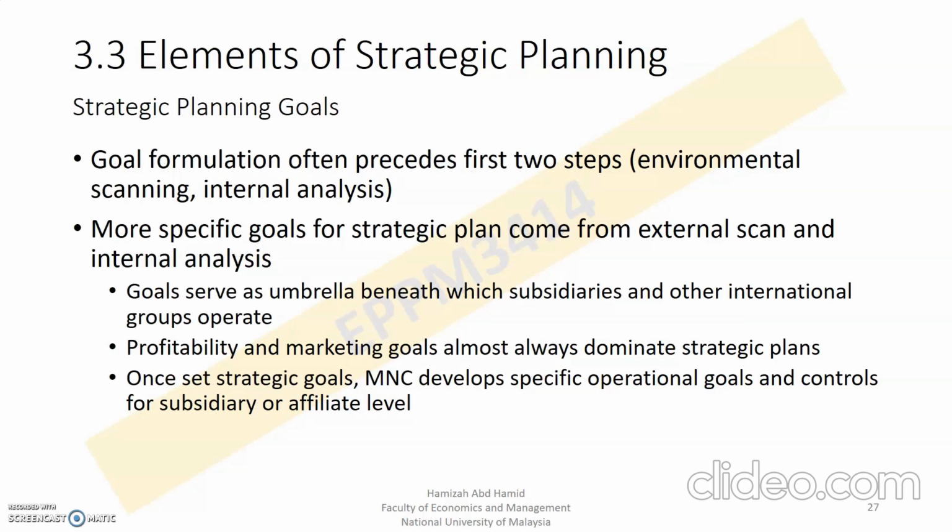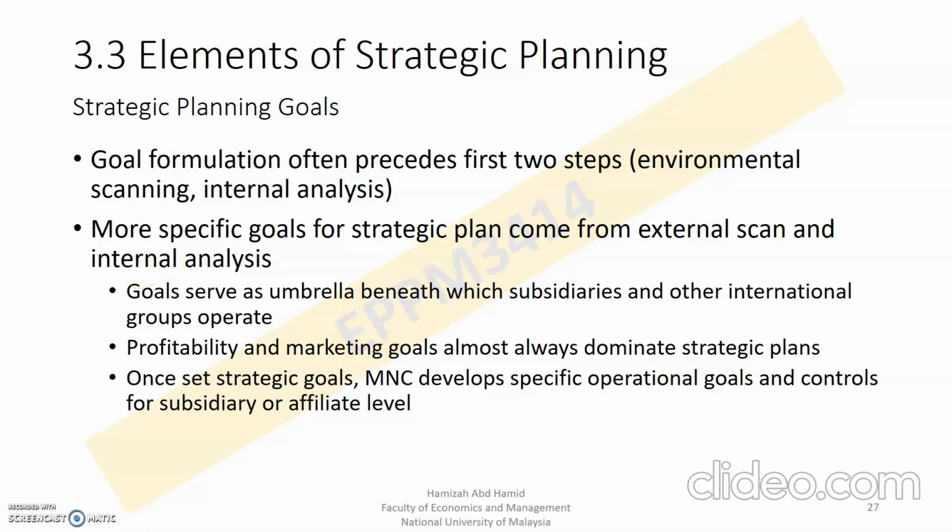Next is to formulate strategic planning goals. This follows the first two steps. More specific goals for the strategic plan will come from external scanning and internal analysis. Here, the goals will serve as an umbrella in which subsidiaries and other international groups operate.